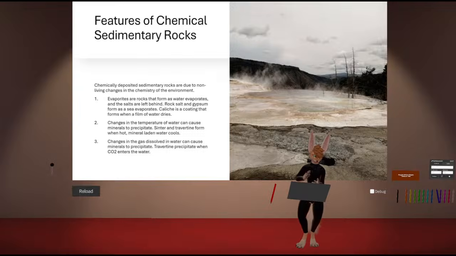Changes in the temperature of water can cause minerals to precipitate. Sinter and travertine form when hot, mineral-rich water cools. Changes in gas dissolved in water can cause minerals to precipitate. Travertine precipitates when CO2 enters the water.